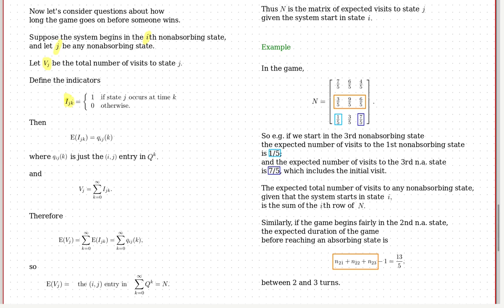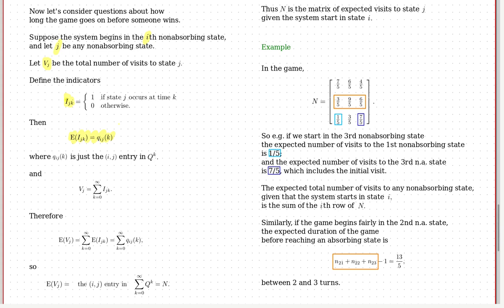Right? So for each run of the Markov chain, I sub jk will take a value of 0 or 1, so it's a random variable. Now, one of the nice things about indicators is that their expected value is the same as the probability of the underlying event.